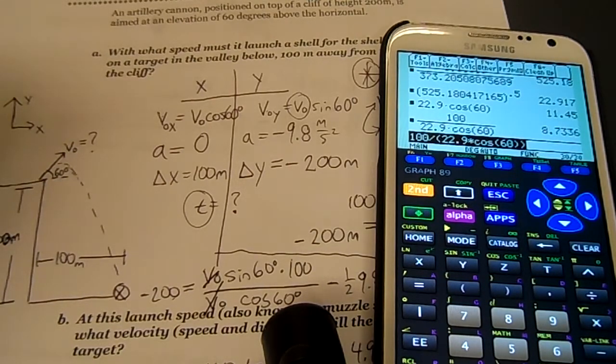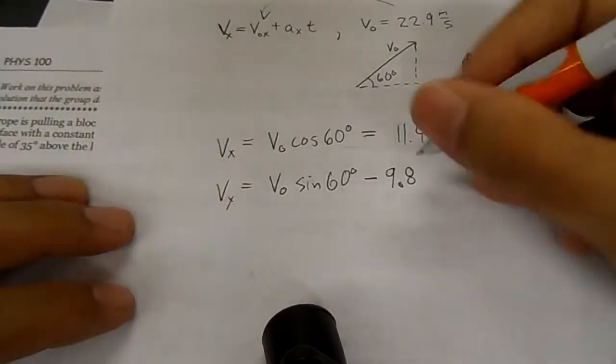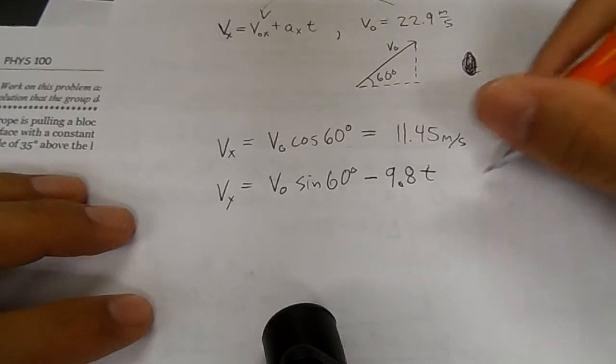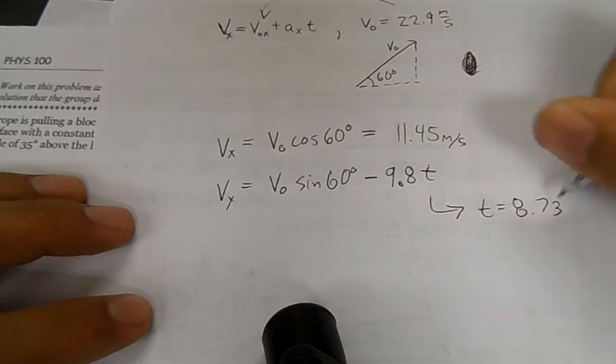Okay, the time is 8.73 seconds according to that. I'll just write it as time right now, and then note that time equals 8.73 seconds.